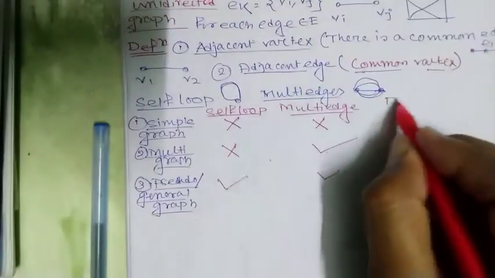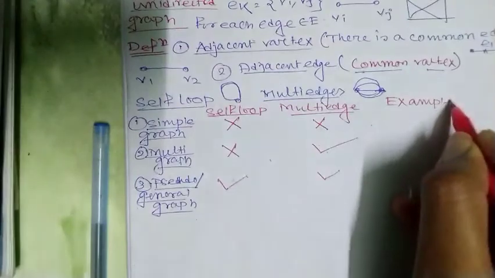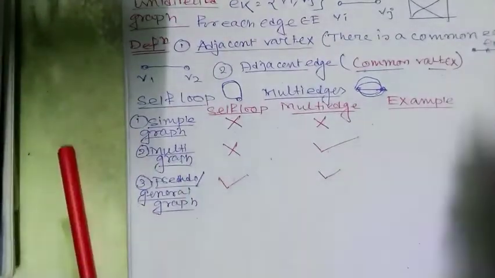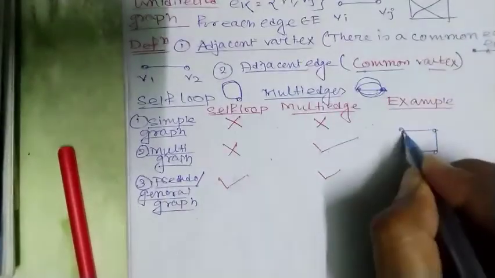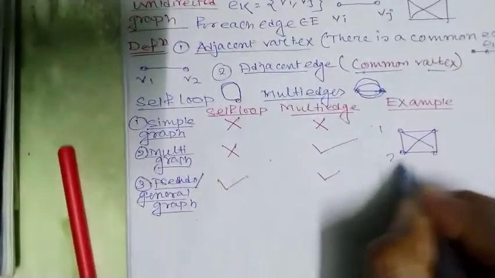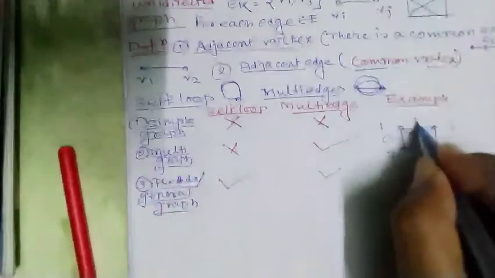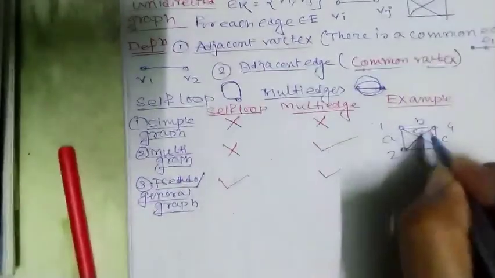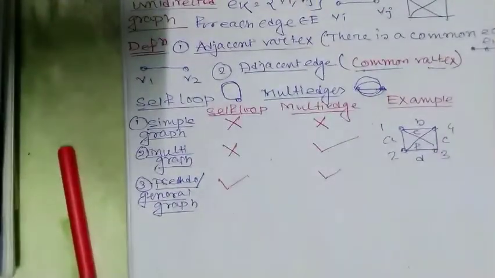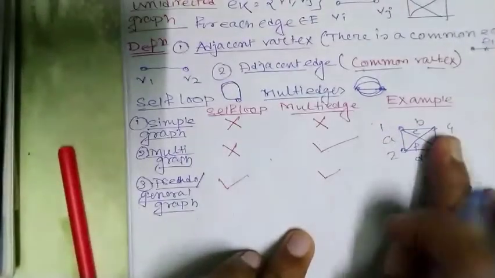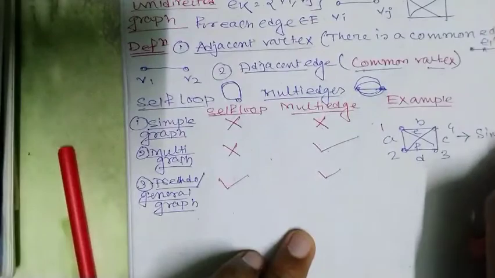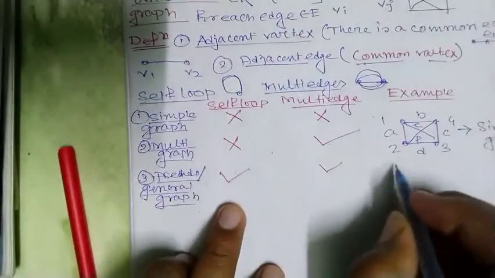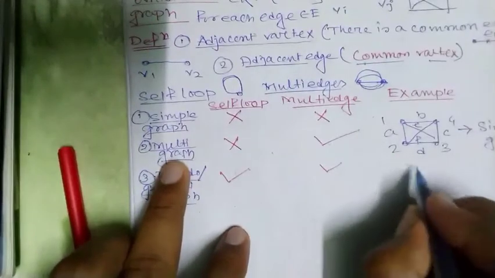Now we will see some examples. We have drawn a graph with vertices 1 2 3 4 and A B C D E F. You can see there is no self loop and no multi edge, so we can say that this is a simple graph. Now what is a multi graph?